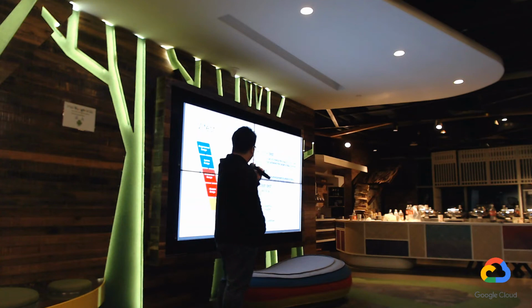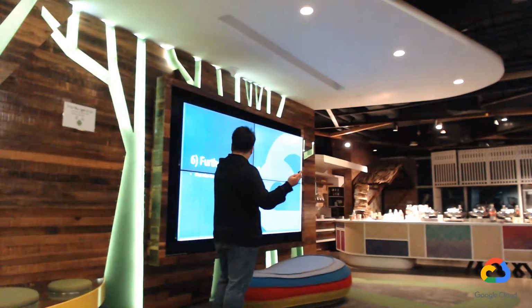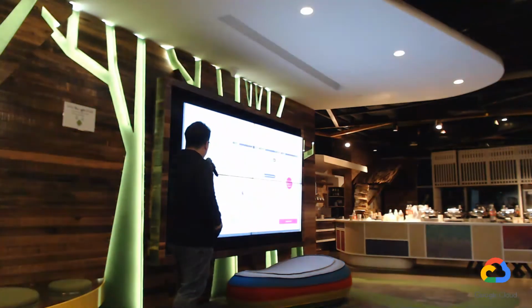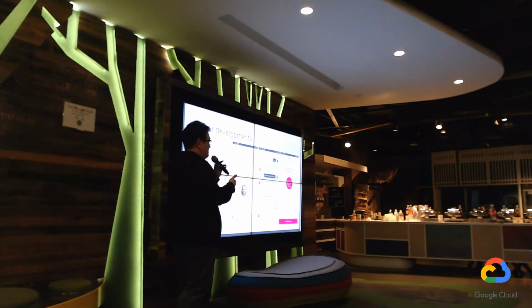So that's a bonus. Next, further development. The thing about chatbots is that sometimes your chatbot will encounter questions which it doesn't know how to answer, in which case you need to build some sort of trigger for it to alert human agents. Okay, this is the time for you to come in and take over the conversation.